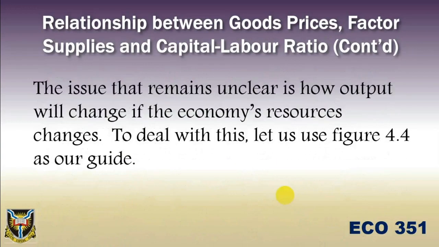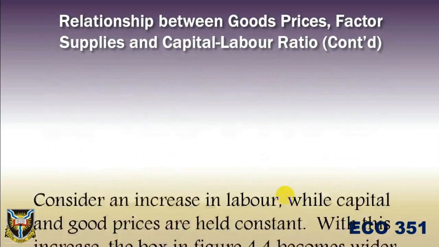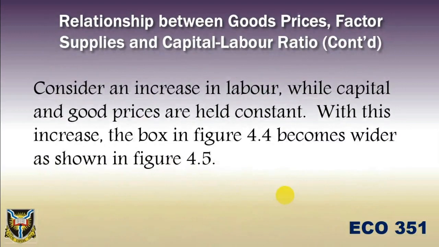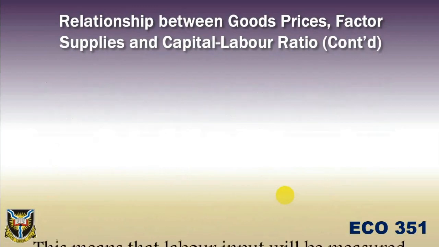The issue that remains unclear is how output will change if the economy's resources change. To deal with this, let us use figure 4.4 as our guide. Consider an increase in labor while capital and good prices are held constant. With this increase, the box in figure 4.4 becomes wider, as shown in figure 4.5.